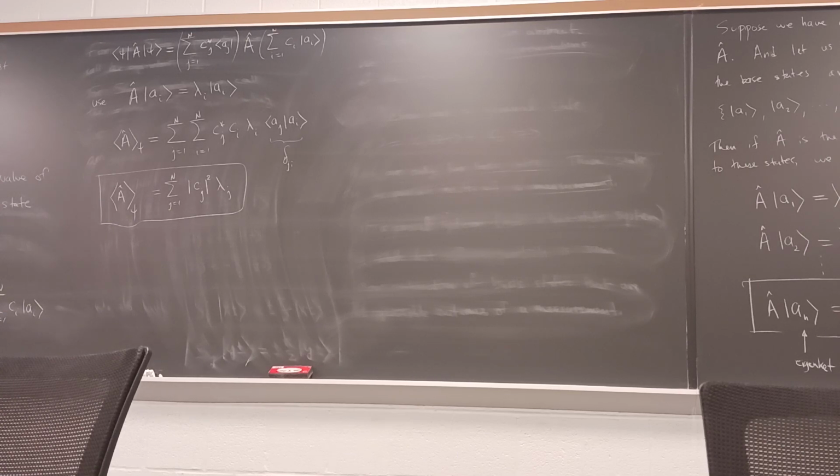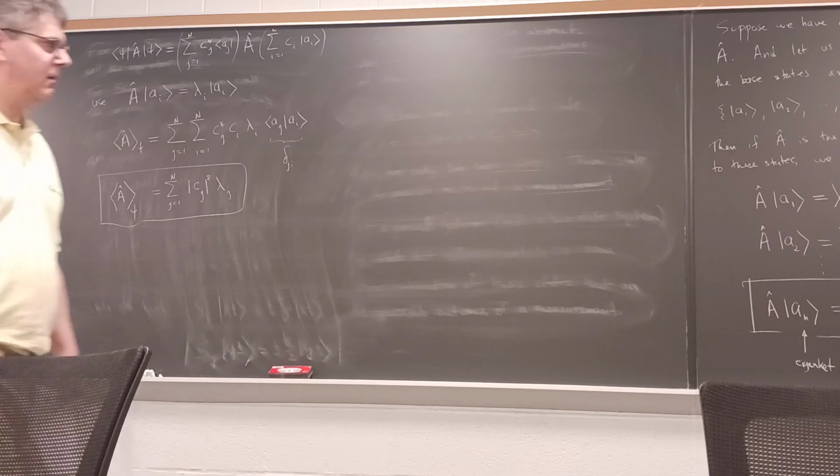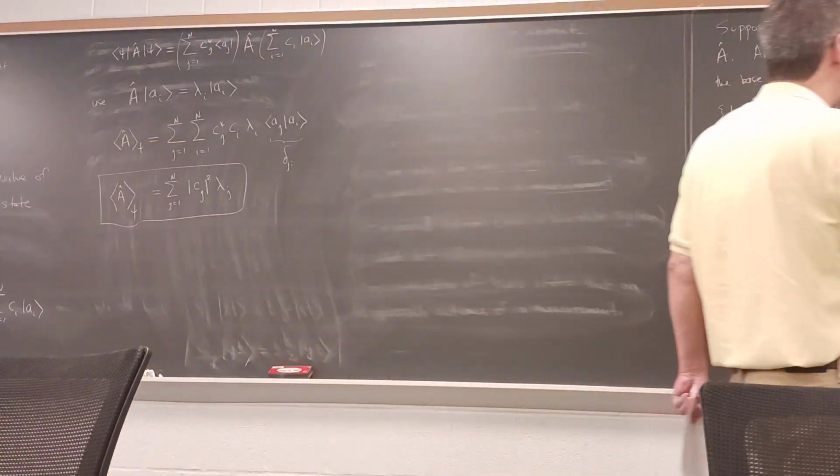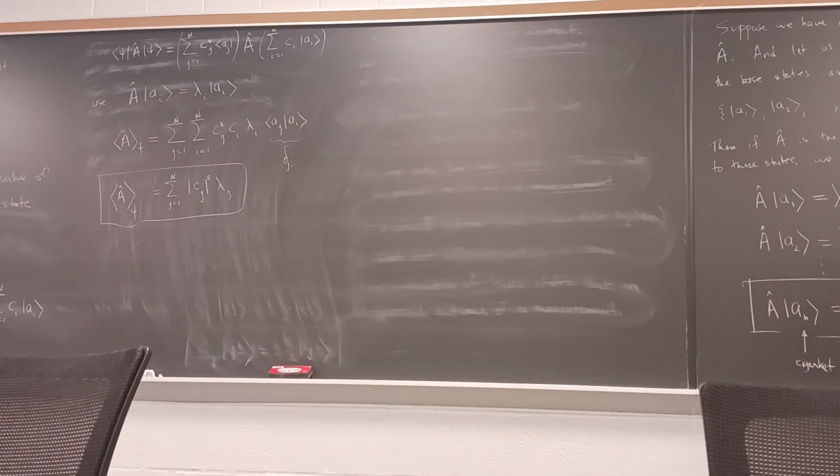Okay, so what is this? If these are the eigenvalues for when A operates on A sub I, these are the values that you get.